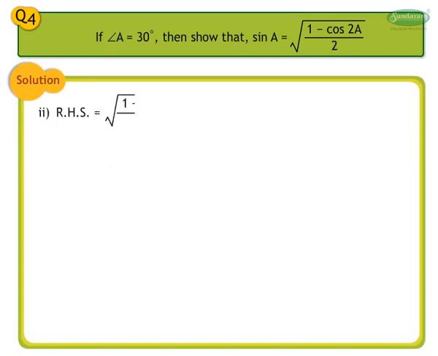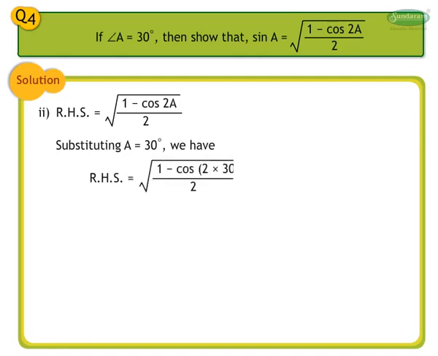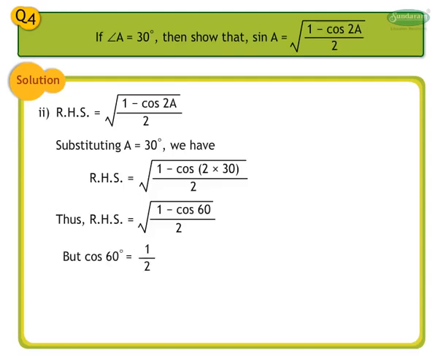2. On right-hand side, we have root of 1 minus cos 2A upon 2. Substituting A is equal to 30 degrees, we have right-hand side is equal to root of 1 minus cos 2 into 30 upon 2. Thus, right-hand side is equal to root of 1 minus cos 60 upon 2, but cos 60 degrees is equal to 1 upon 2.